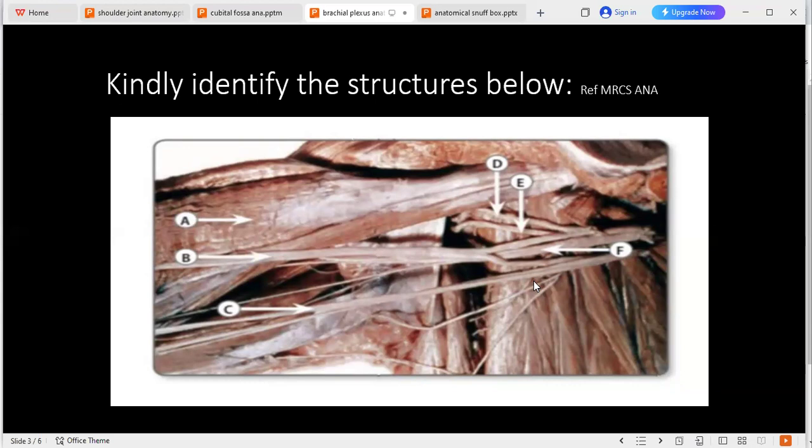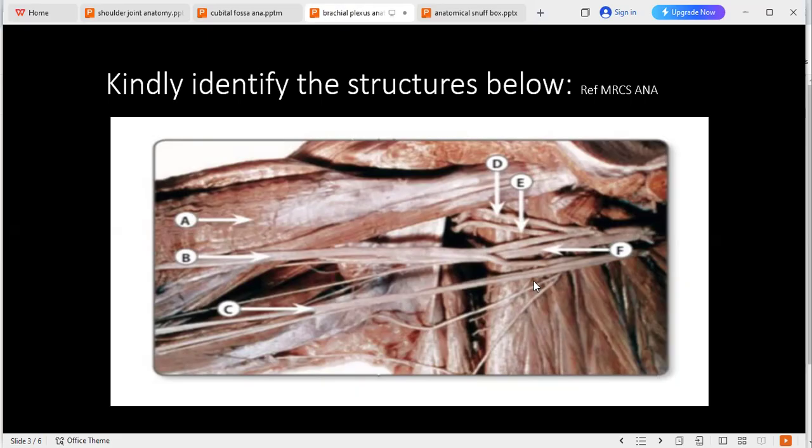Regarding the posterior cord, it has the axillary nerve and the radial nerve, upper subscapular nerve, lower subscapular nerve, and thoracodorsal nerve.